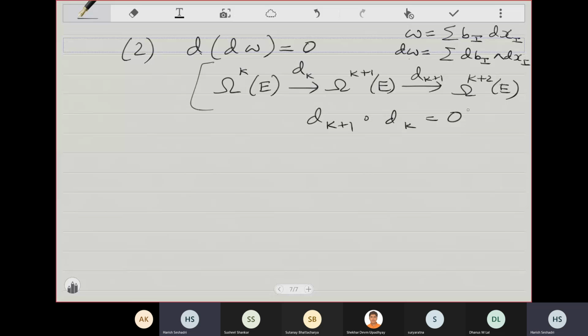This kind of formalism, properly labeling the d's, is important when one looks at it in detail. But for now, the point is that the d operation applied twice is 0. Let's just remember that. And the other thing to remember is d raises the degree of the form by 1.